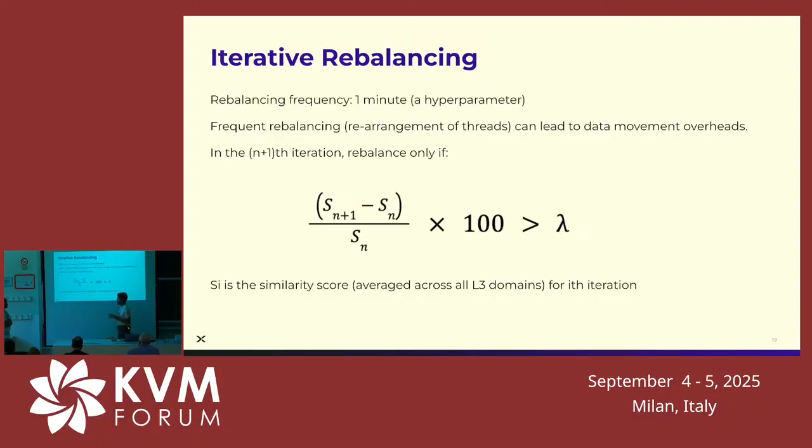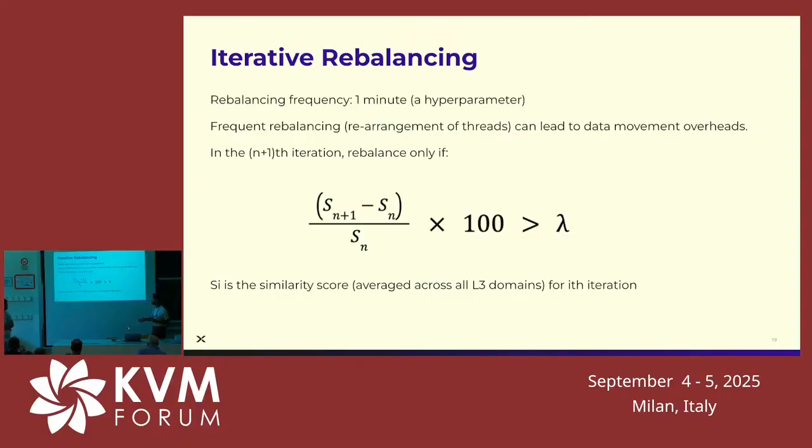Now, the problem with frequent rebalancing is that rebalancing has inherent cost, because when we are moving the threads from one L3 domain to another L3 domain, the local cache needs to be moved. I mean, the data in the local cache needs to be moved as well. And this can be significant if the benefit that we are getting in rearranging the threads is not that significant.